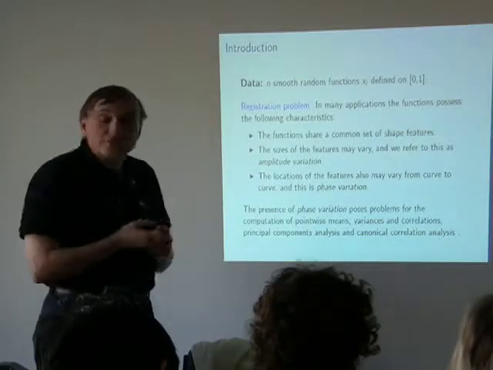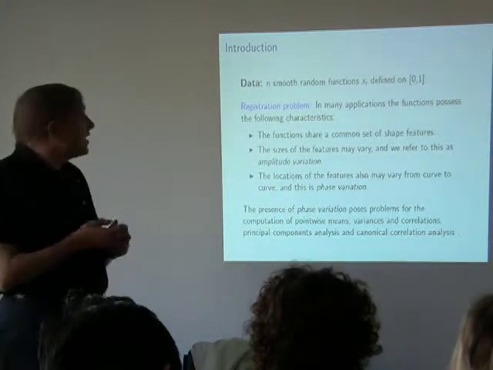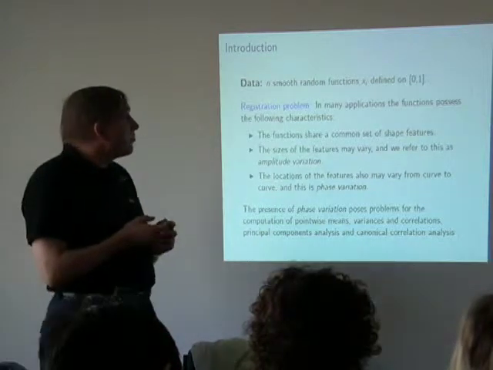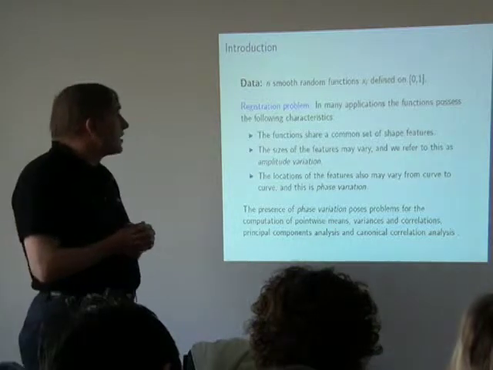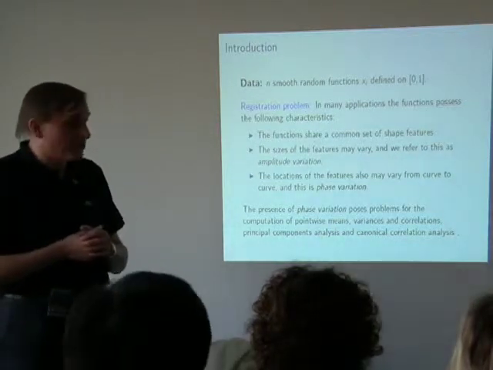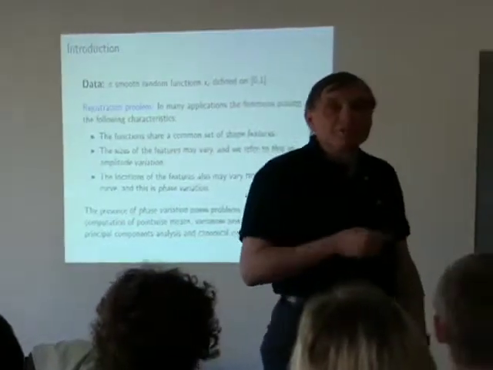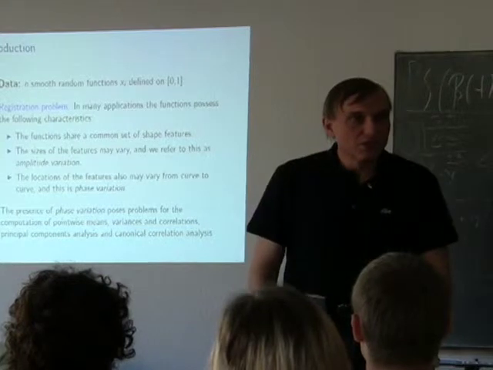Now what you observe, from many samples in practice, is that the functions possess some common characteristics. The functions share a common set of shape features. Shape features of the function, that is the idea, for example, peaks and valleys. Just the maximum, minimum, and so on.